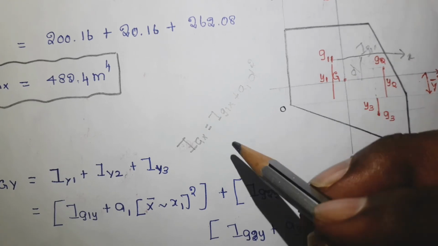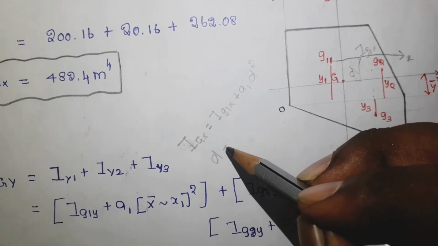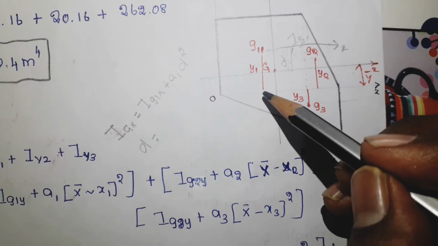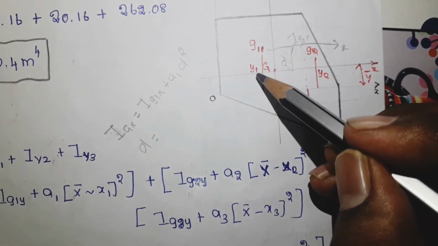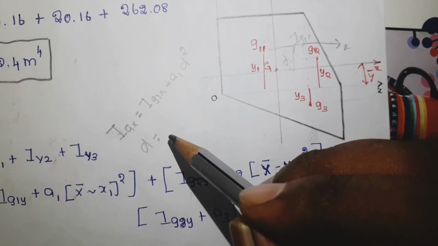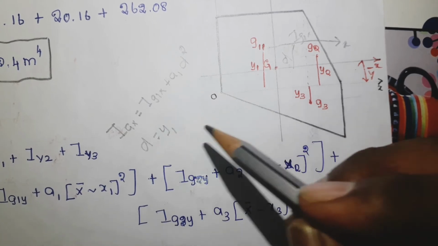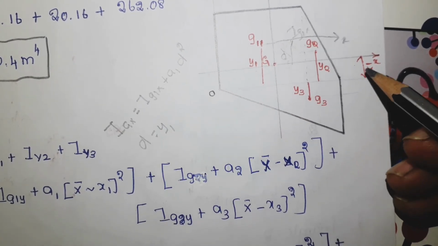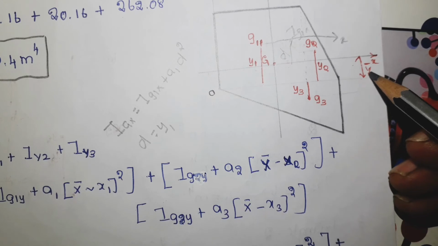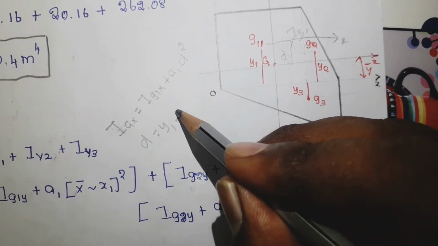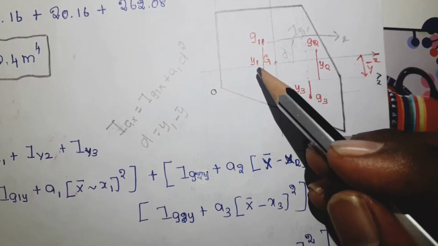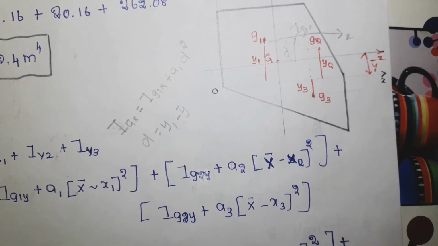Now d can be found like this. From base axis G1 is positioned by y1, and from base axis the central axis is positioned by y bar, so minus y bar. Now y1 minus y bar is nothing but d.